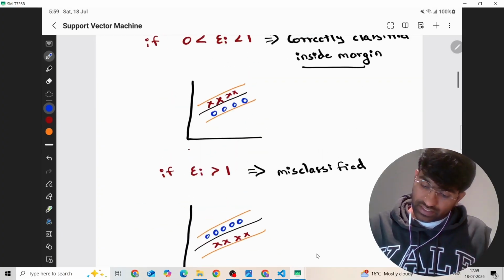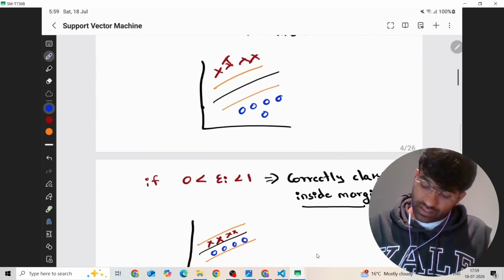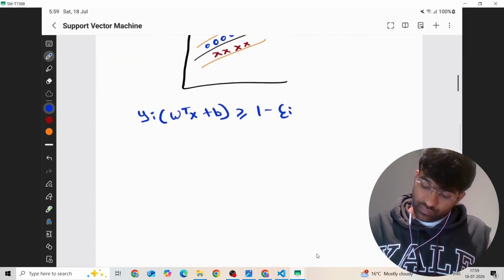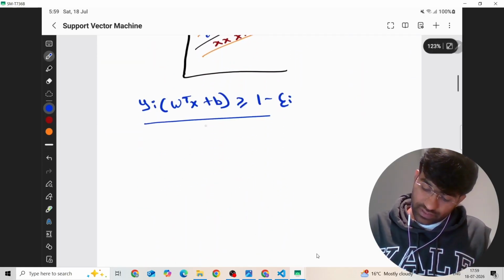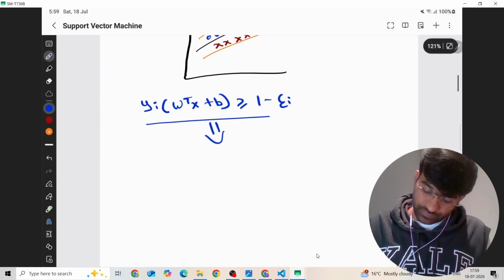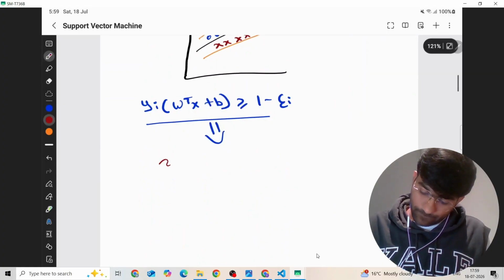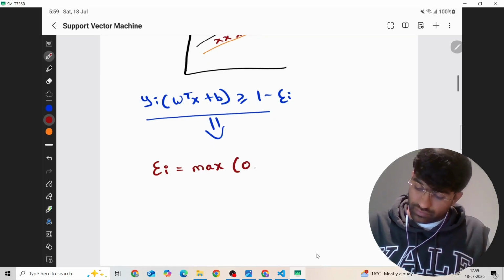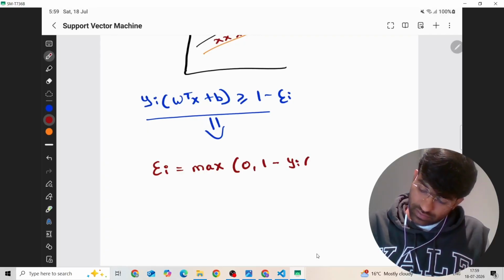Based on these conditions, error equal to 0, error between 0 and 1, and error greater than 1, we can write this equation as error equal to max of 0, 1 minus yi of (weight transpose of x plus b).